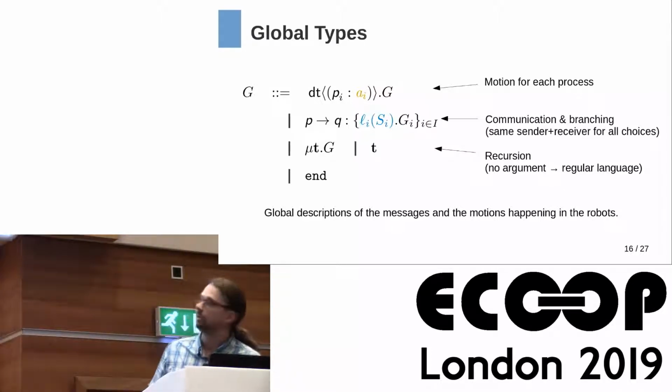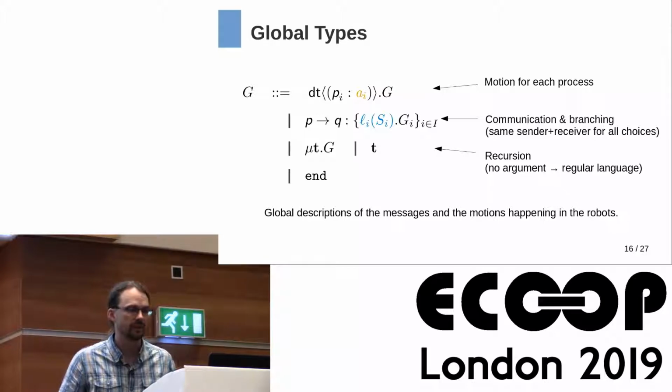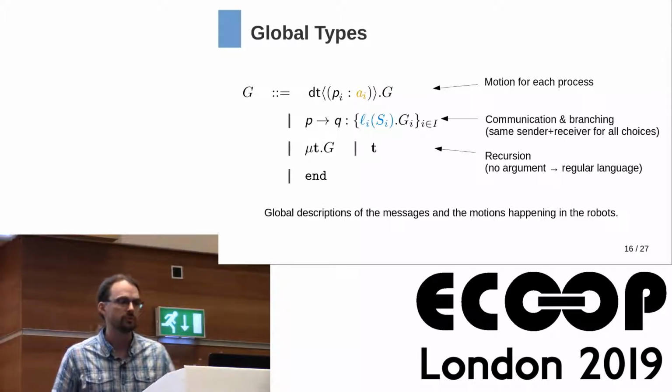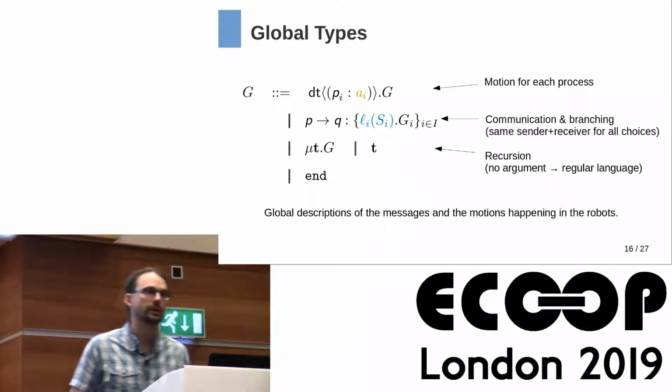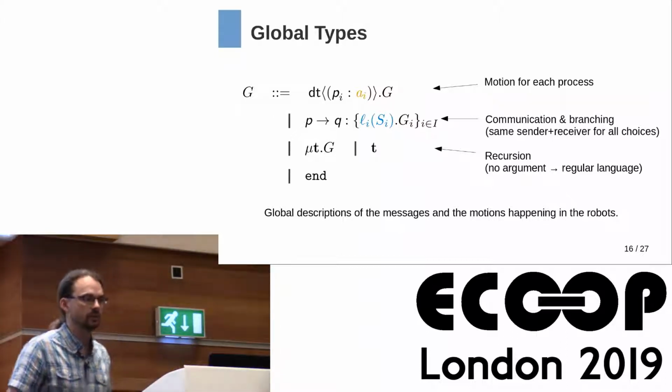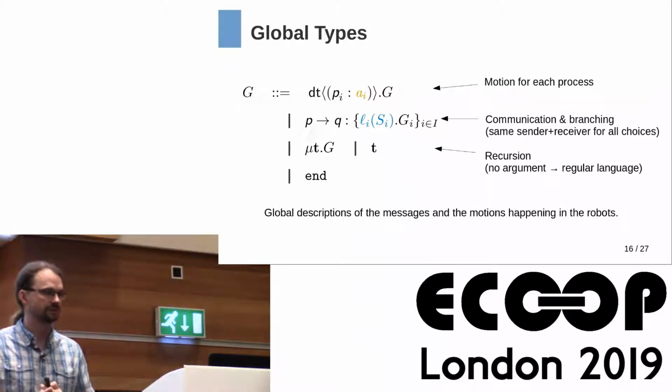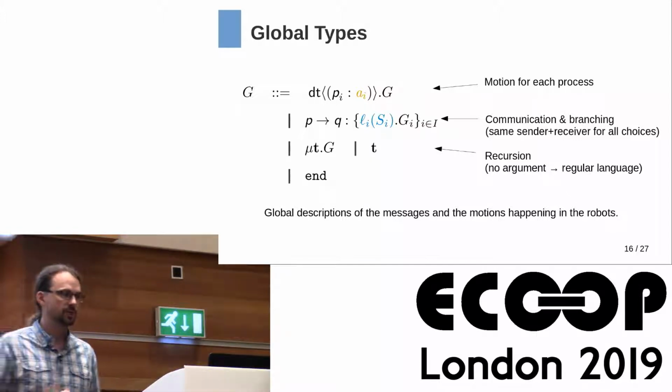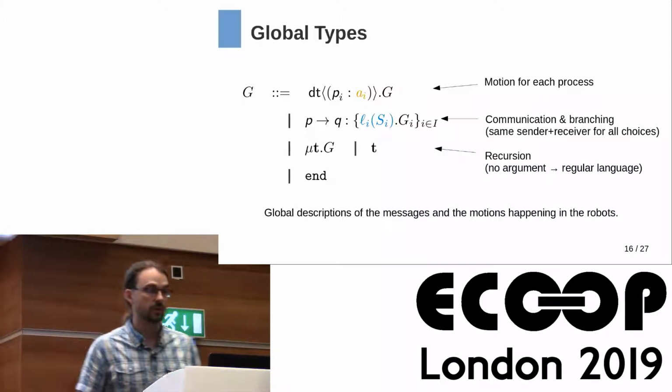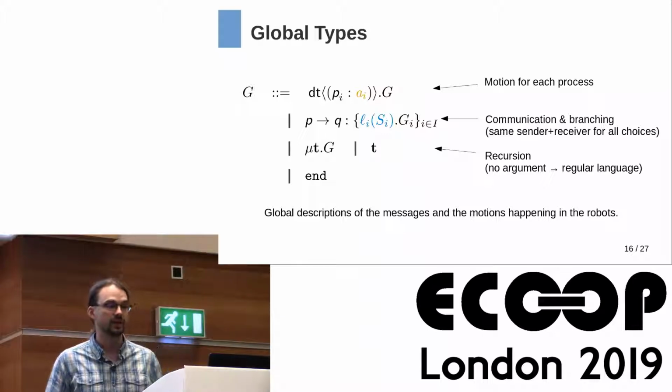And we also have recursion, like you would expect. Since our recursion doesn't have arguments, those specifications are regular languages over both the messages and the motion primitives. So here it's very nice because we still have a strong separation of motions and communication.